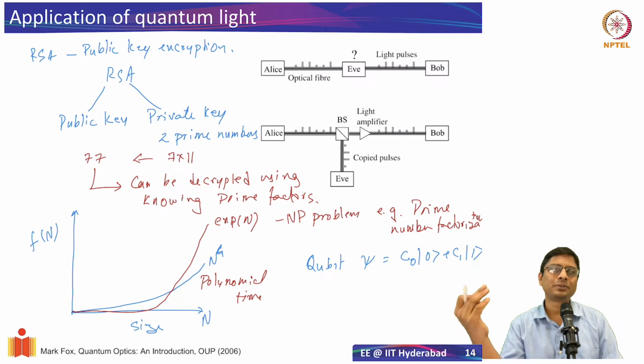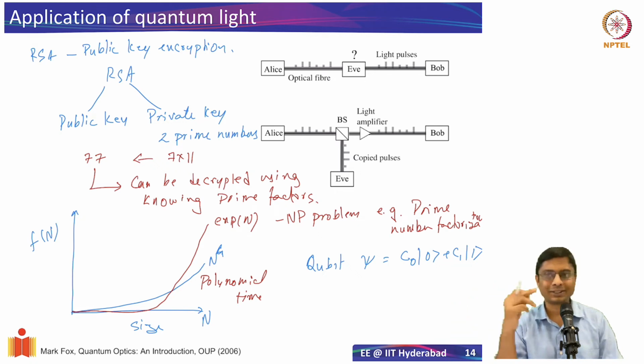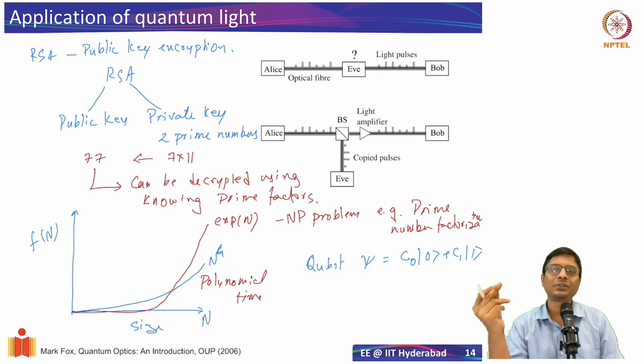The probability of state 0 will be C0 square, and of state 1 will be C1 square. But if you have a superposition, you can also have some exchange of states, right? In the case of Rabi oscillations, we were talking about it. So similarly, if you have a superposition state, you can actually have more states available to encode.